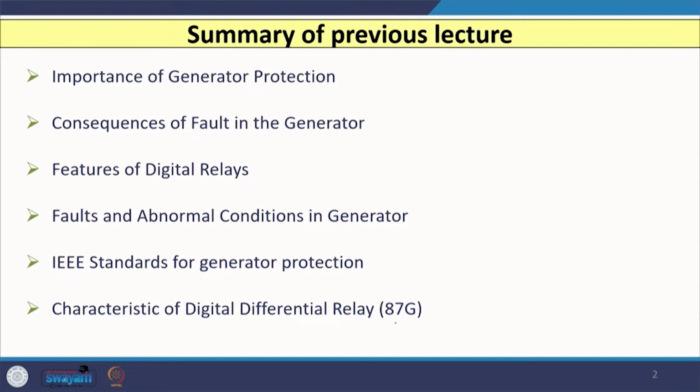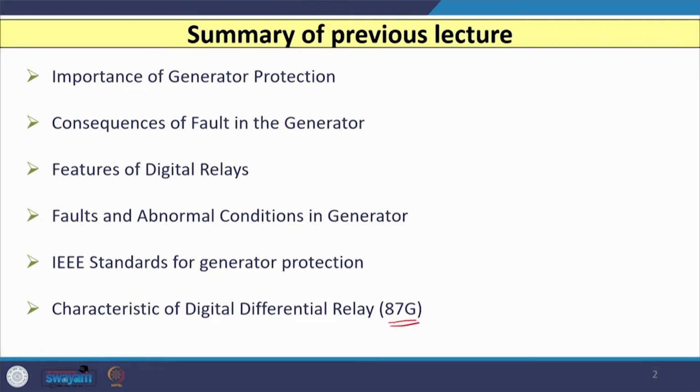And at the end we started our discussion with one of the important protection functions, which is known as the differential relay, and we have discussed the 2 slope characteristic of the digital differential relay, that is the 87G unit.